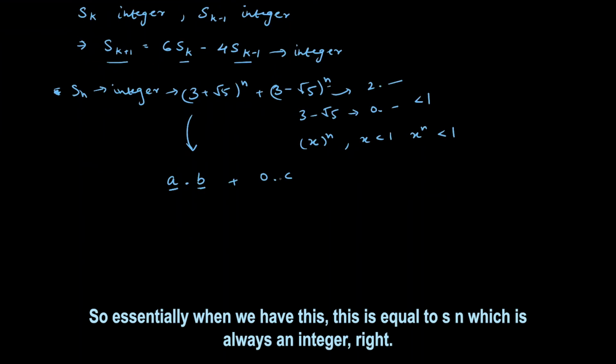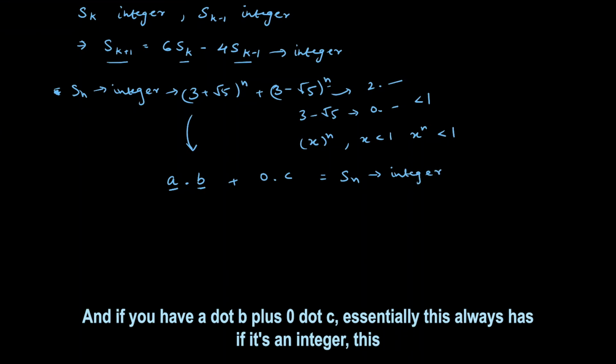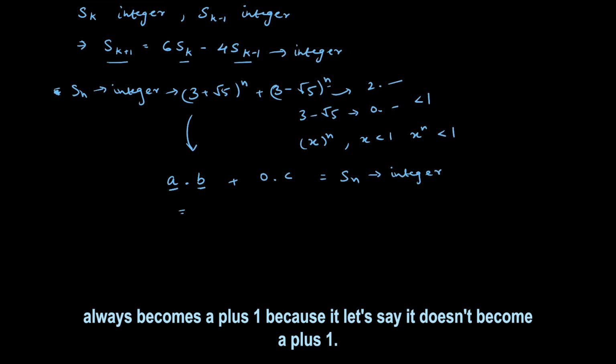So essentially, this is equal to Sn, which is always an integer, right? And if we have a dot b plus 0 dot c, and it's an integer, this always becomes a plus 1. Let's say it doesn't become a plus 1.